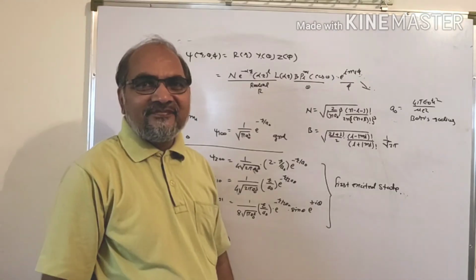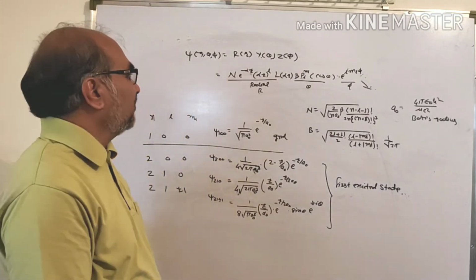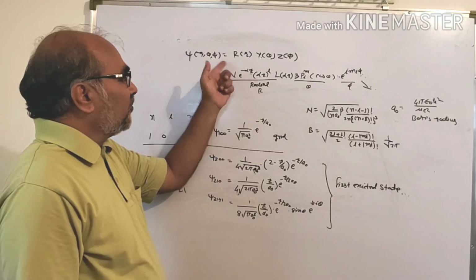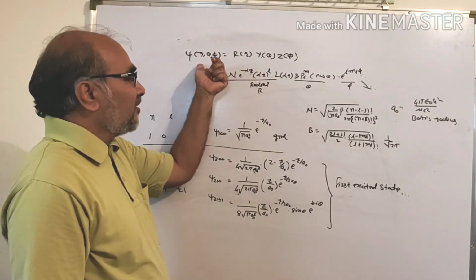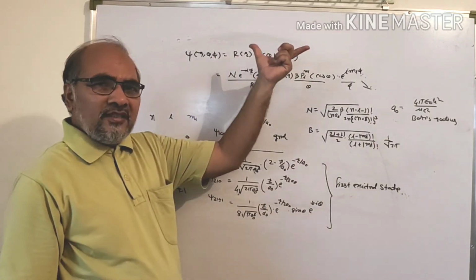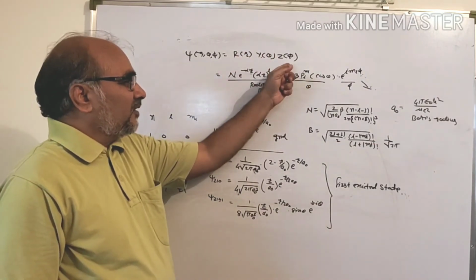Okay. Next, we have a general solution. So psi of r theta phi is equal to a product. This is the general wave function for the hydrogen atom, a multiplication of three wave functions: R of r, Y of theta, and Z of phi.